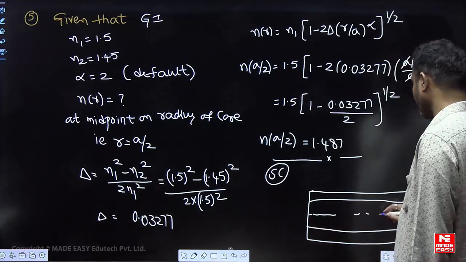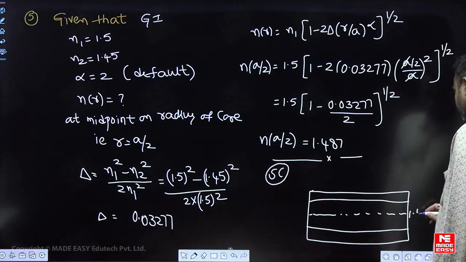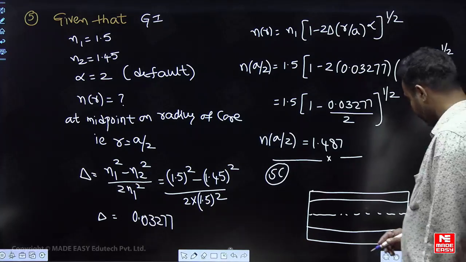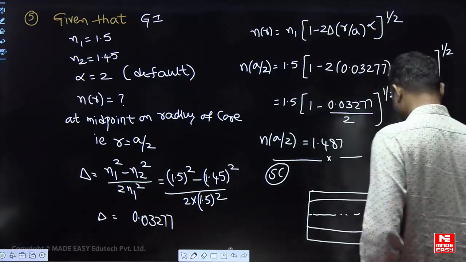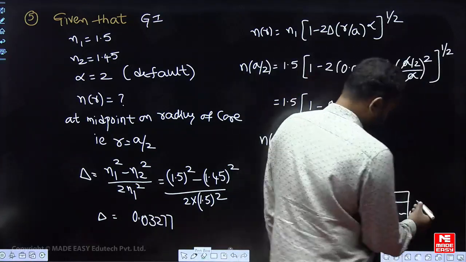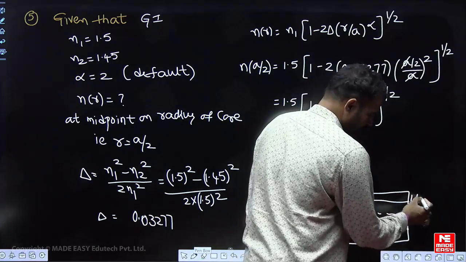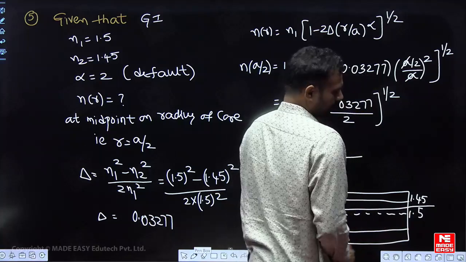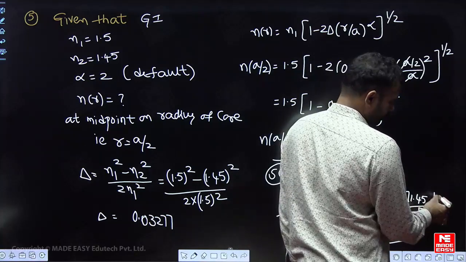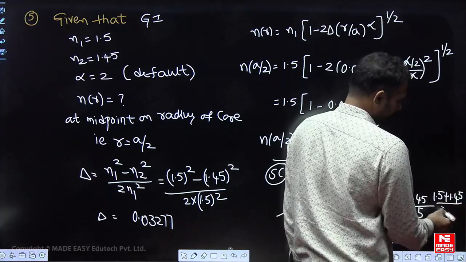By the center, the refractive index of the core is 1.5, and the edge is 1.45. Asked at the middle, the middle is nothing but an average of these two, that is (1.5 plus 1.45) by 2.